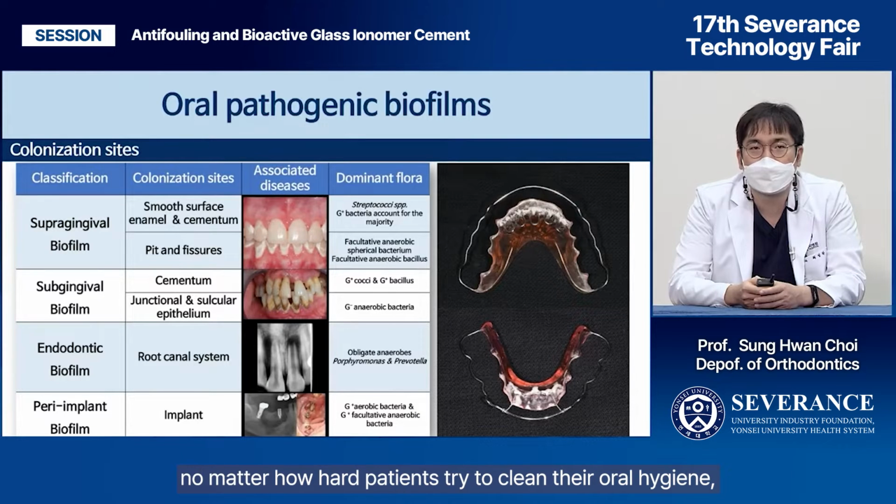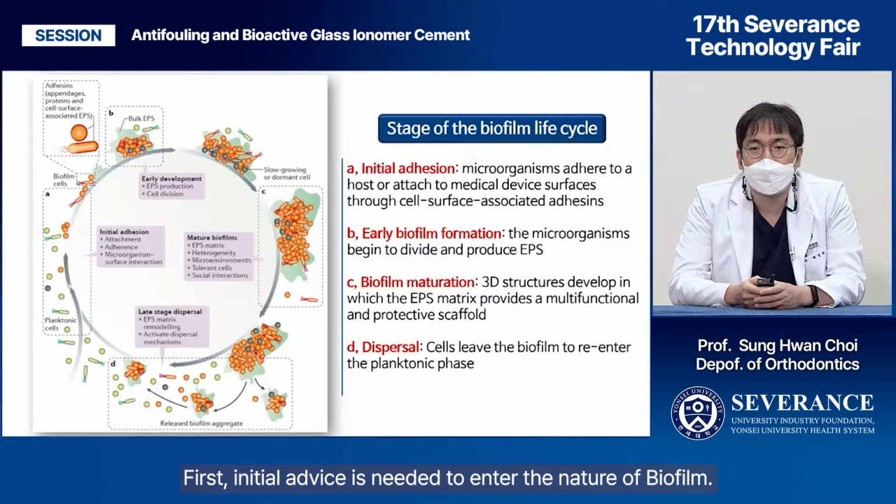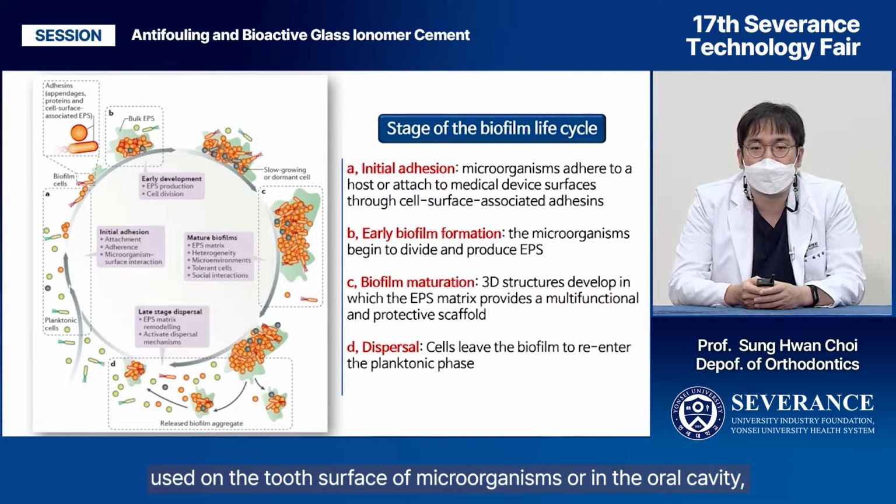No matter how hard patients try to clean their oral hygiene, it is not easily accessible physiologically because there are the following problems. First, initial attachment is needed to enter the nature of biofilm. Initial attachment is the attachment of microorganisms to the tooth surface or several medical devices used in the oral cavity.